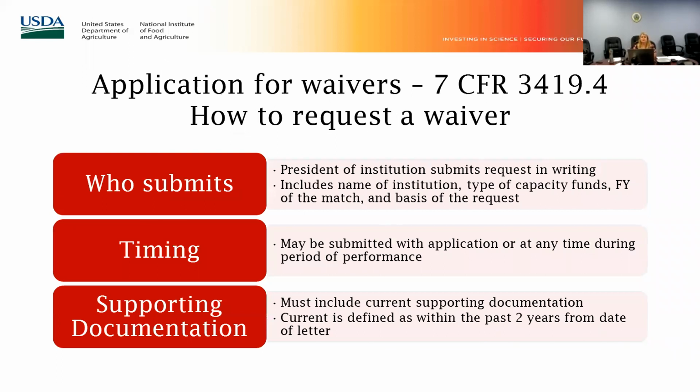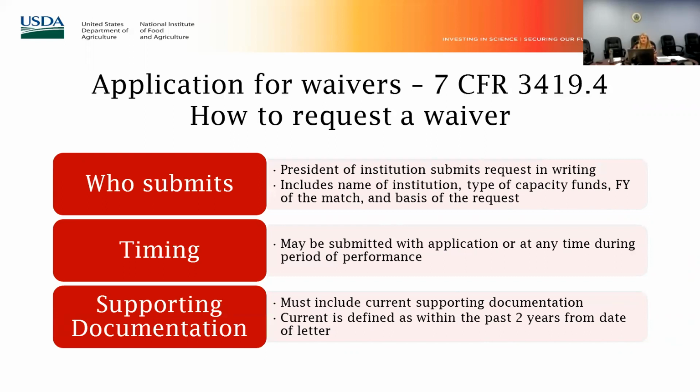We also wanted to outline the process for submitting waiver requests. In the rule, it does not include emails and things that might change, but rather lays out the big picture fundamentals of the process, and that includes who submits, when, and the supporting documentation. In the rule, it states the president of the institution submits this request in writing.